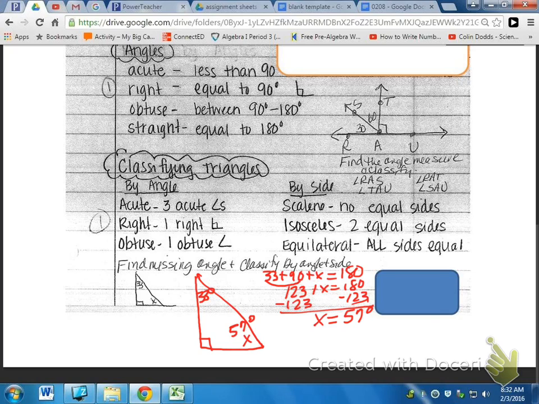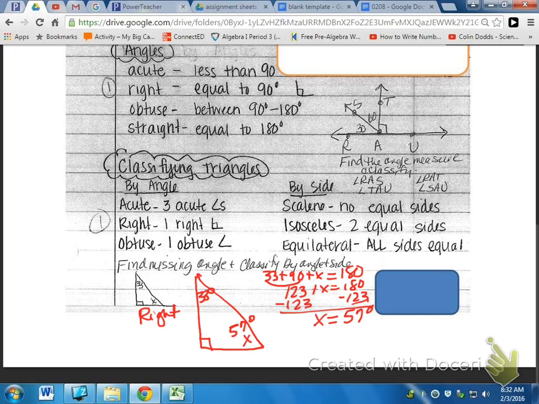Now when you go to classify this, don't just go by the 57. You have to look at all three angles: the 33, the 57, and the 90, and classify it by angle and side. So what kind of triangle is it by angle? Tori? It's right because of the right angle. Now, there are no sides marked congruent, but another way you can look at it is if none of the angles are the same, none of the sides are the same.